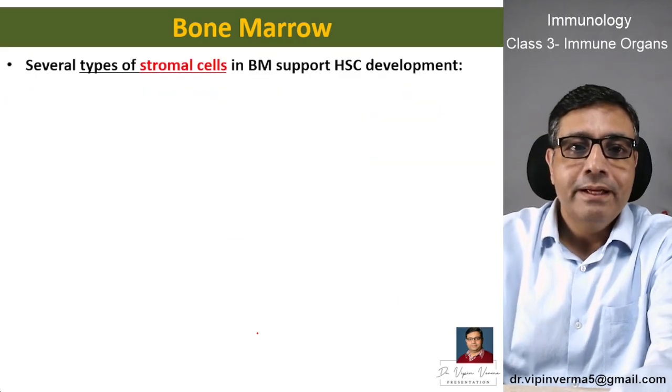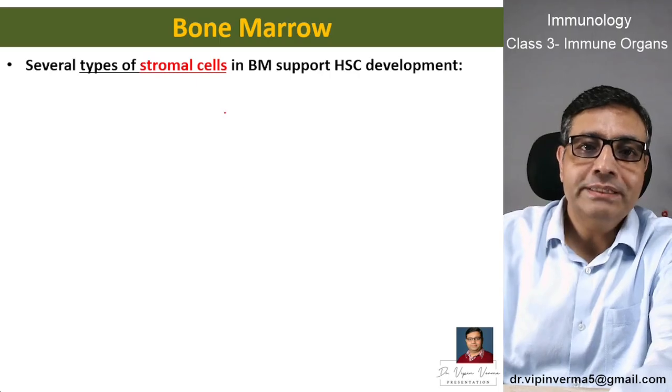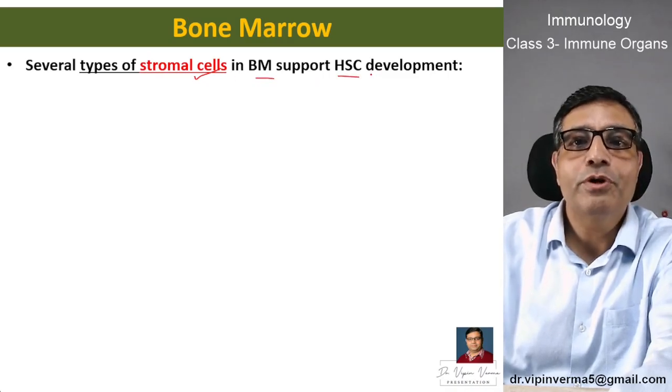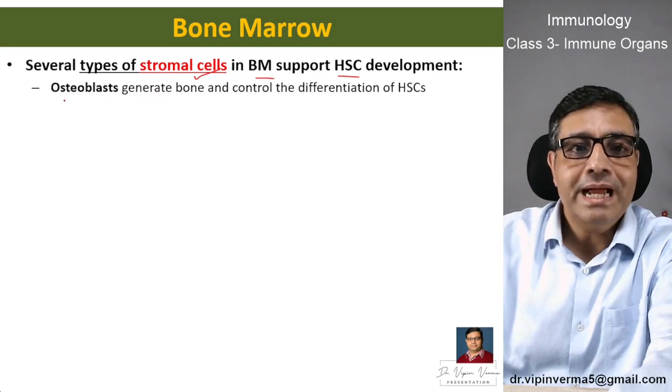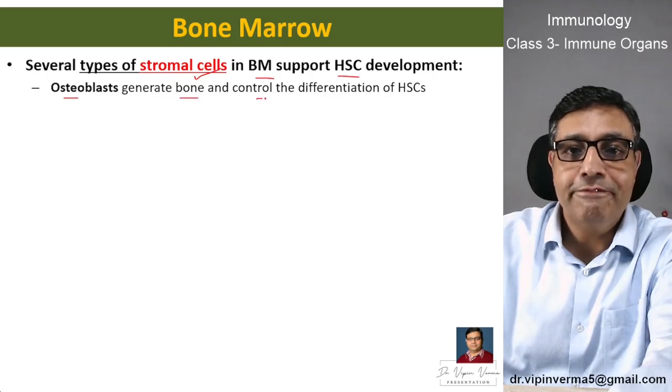Okay. So there are several types of stromal cells. As you know, from the first slide, the stromal cells are the supporting cells. There are several types of stromal cells in the bone marrow which support hematopoietic stem cell development. Some examples are osteoblasts, which generate the bones and control the differentiation of hematopoietic stem cells.